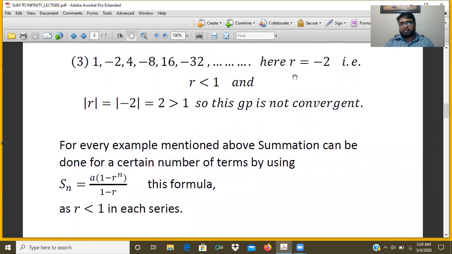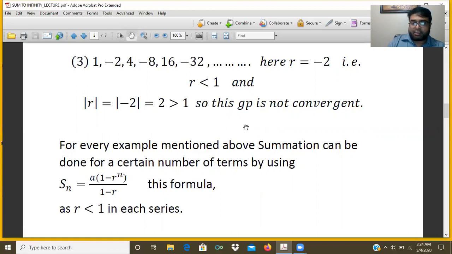But if we apply the modulus function on r, the result is 2, because the modulus of negative 2 is 2, and that is more than 1. So this GP is not convergent.